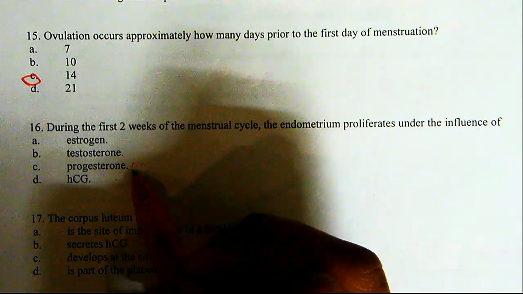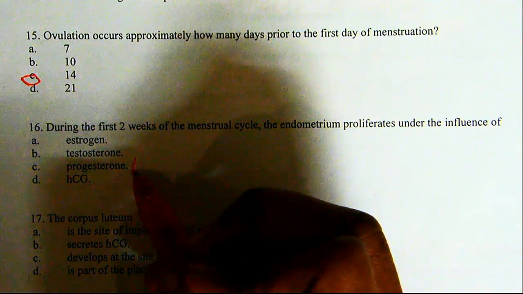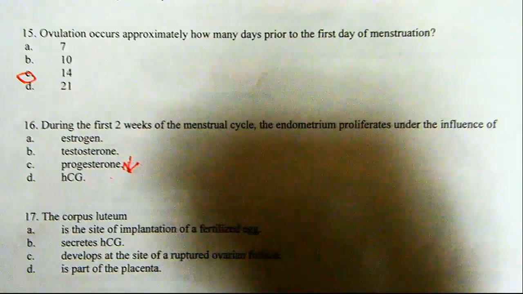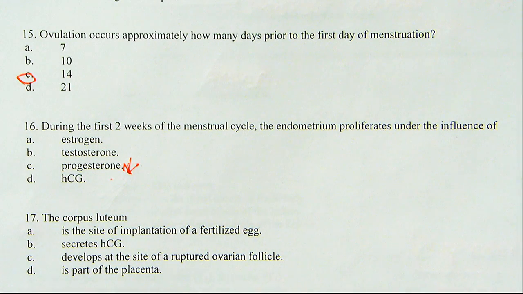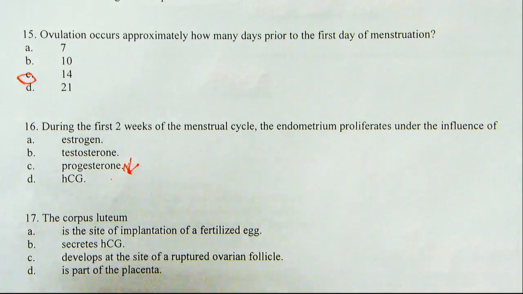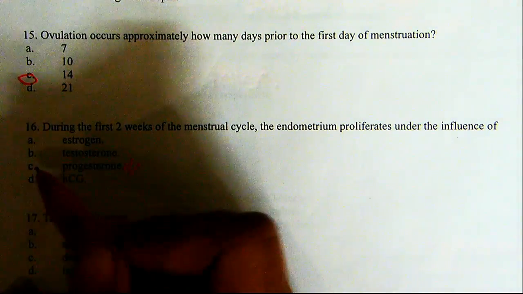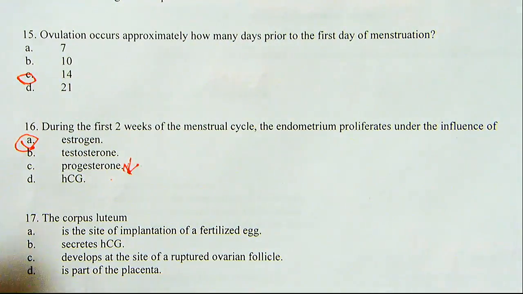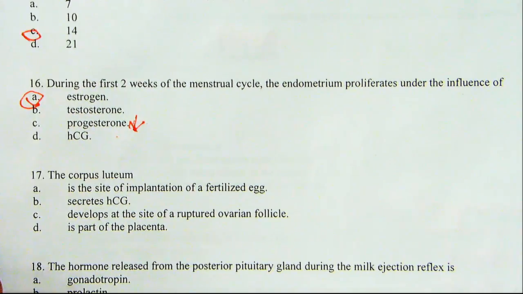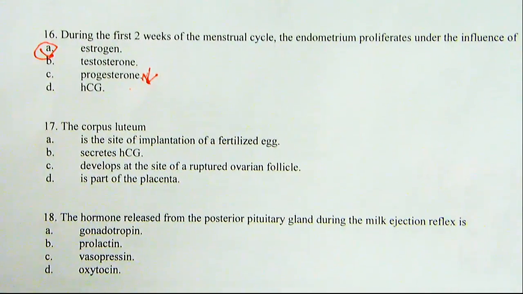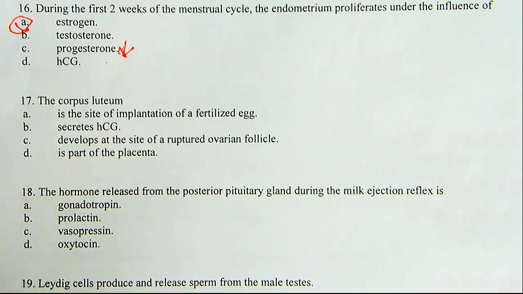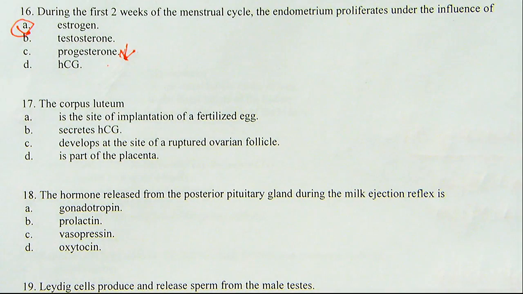If she's not pregnant, then she's going to have a decrease in this for the last phase of the menstrual cycle. But for the first 2 weeks, so the first 14 days of the cycle, we're going to have the endometrium proliferating under the influence of estrogen. The corpus luteum, what? Yeah, it develops at the site of a ruptured ovarian follicle.